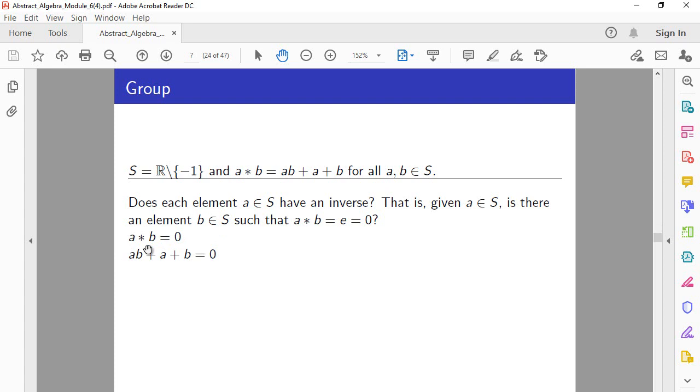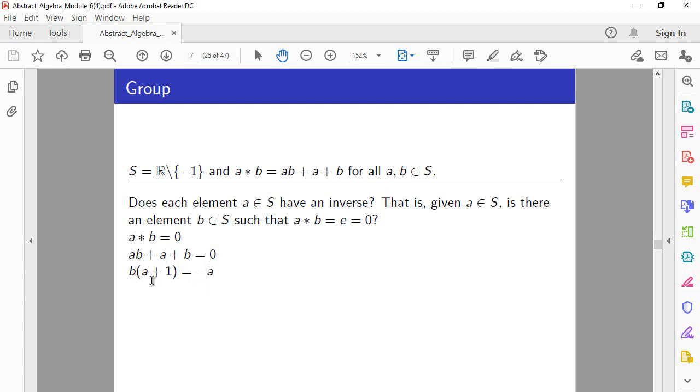Then AB plus A plus B is equal to 0. We can take A to the other side, and from AB and B we can factor out the B. So AB and B gives me B times (A plus 1), and A goes to the other side as -A.